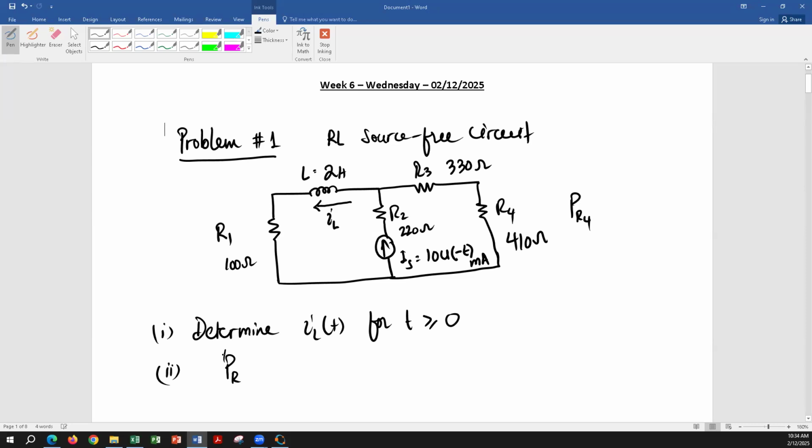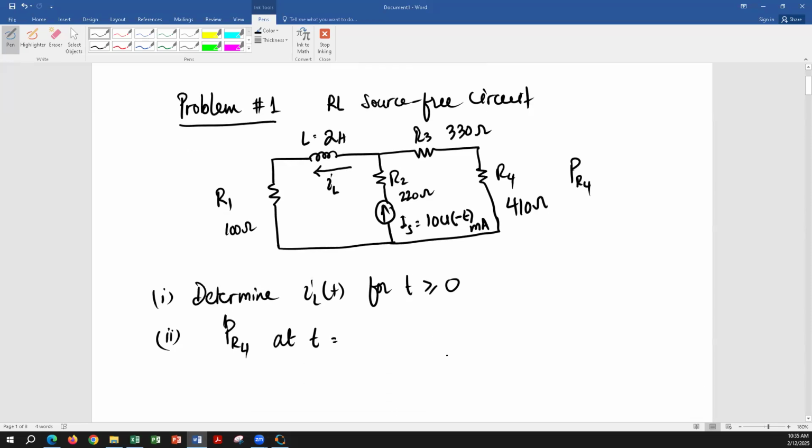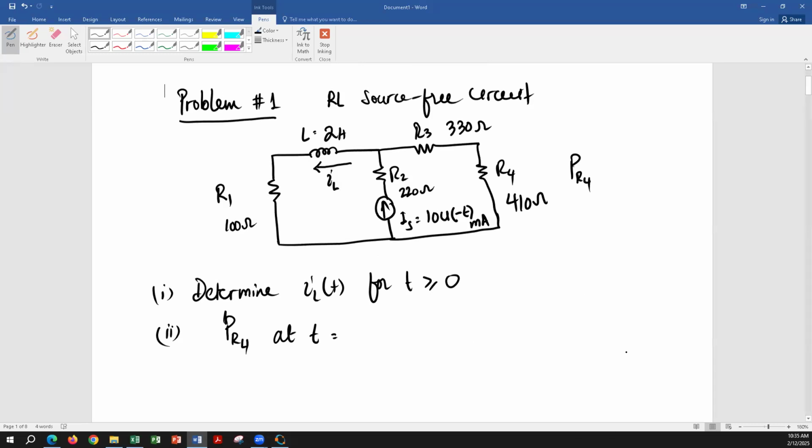And the power in R4 at t equal to, I'll come back to what time, since we'll have to calculate the time constant. I don't want to take a time that is going to be more than 5 time constants, where the power is going to be 0. So once we calculate the time constant, then I'm going to put the time at which we want to calculate the power dissipated in R4.